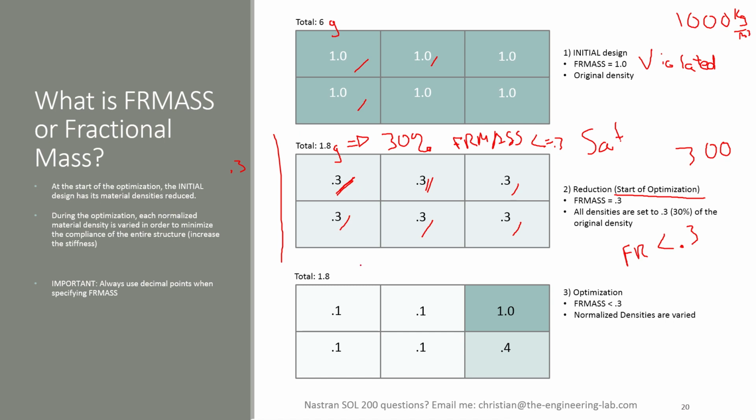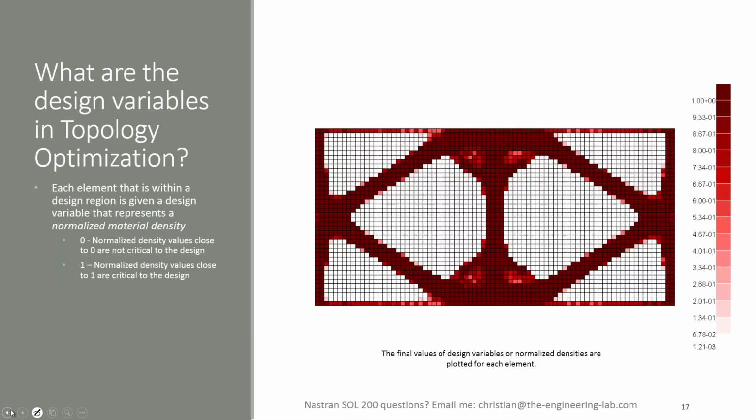The optimizer will decide if it should minimize some of these material densities or if it should increase the material densities. Here you can see that at the end of the optimization, we can have different material densities like we did a moment ago. It'd probably be a good idea to show you those spots.